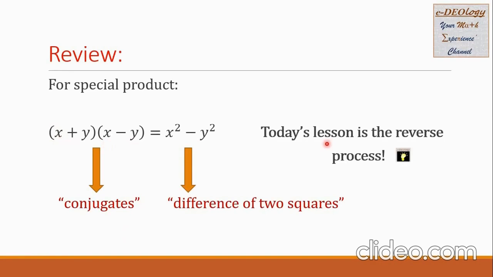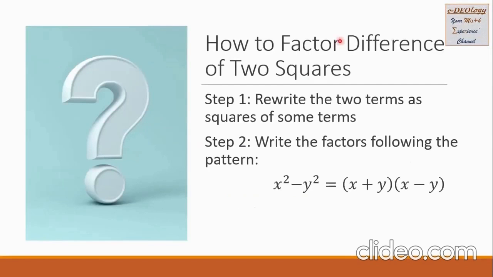For today's lesson, we are going to do the reverse process. The problem will come to you as this product, and then you are required to give the factors of this form. How to factor difference of two squares?